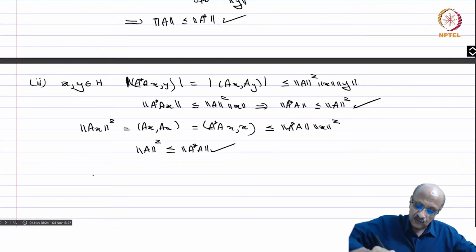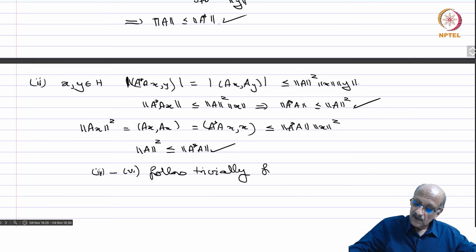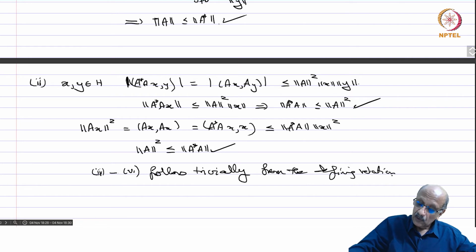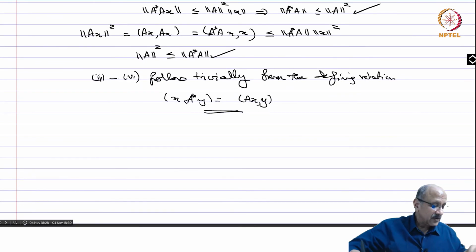Items 3 to 6 follow trivially from the defining relation. What is that? <x, A star y> equals <Ax, y>. So there's really nothing to prove there. It's a very simple exercise.